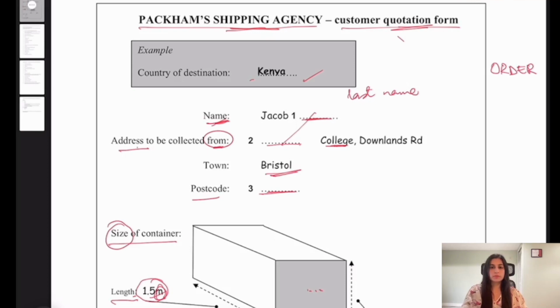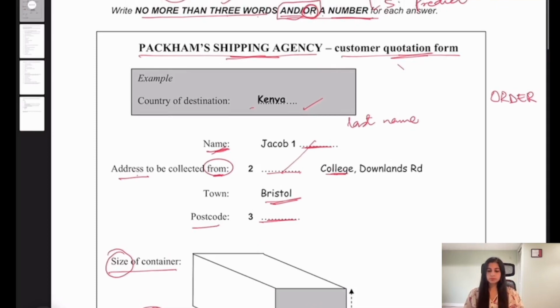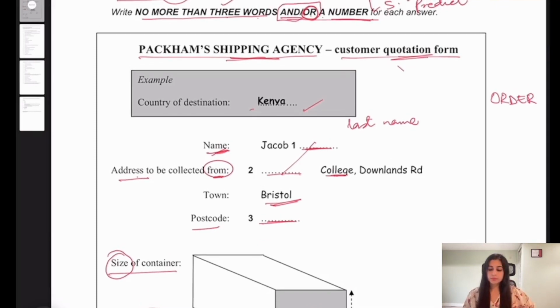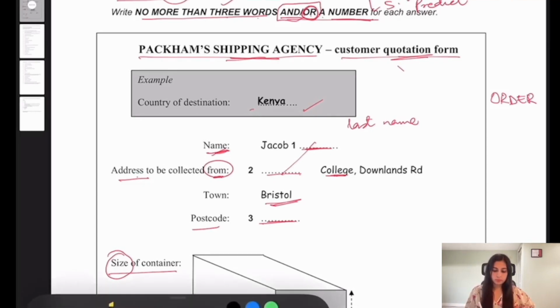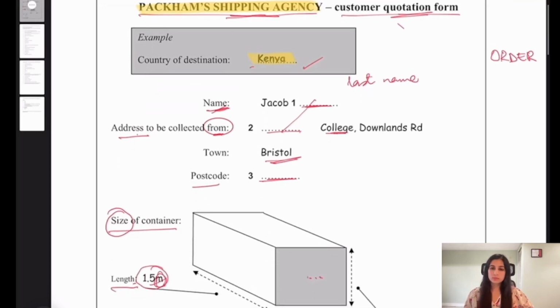We'll hear a telephone conversation between a customer and an agent at a company which ships large boxes overseas. Good morning, Packham's shipping agents. Can I help you? Oh, yes. I'm ringing to make inquiries about sending a large box, a container back home to Kenya from the UK. Yes, of course. Would you like me to try and find some quotations for you?